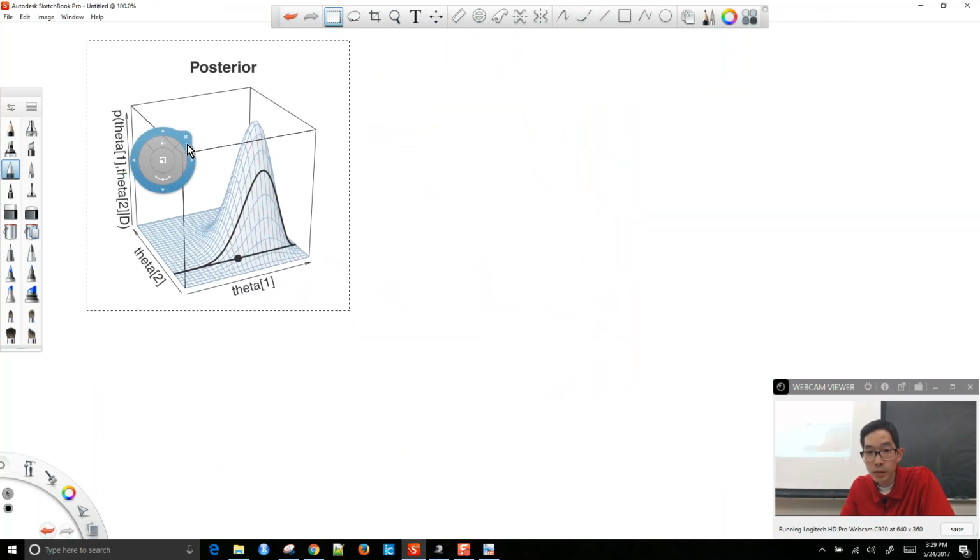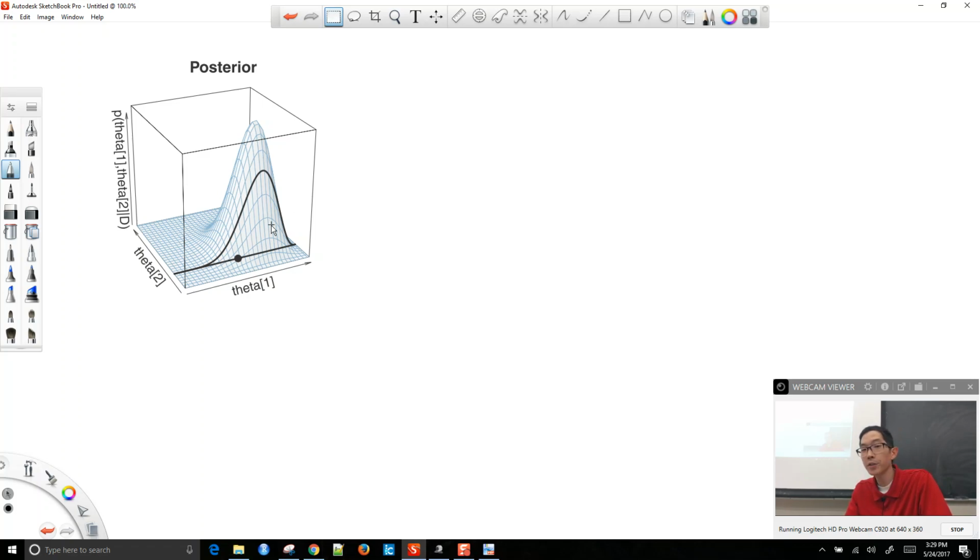So the entire shape is our joint posterior. The entire three-dimensional shape is the joint posterior on theta 1 and theta 2.